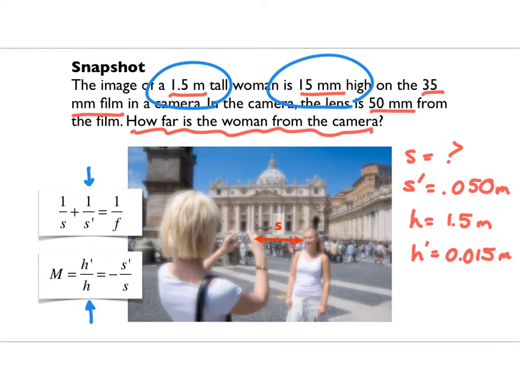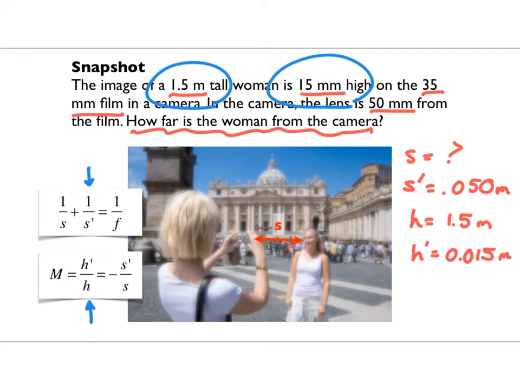Oh yeah, you should be pausing the video and thinking about that. Don't just wait for me to tell you, you little scamp, which relationship should we start with? And really, we've got this first one here, 1 over S plus 1 over S prime is equal to 1 over F. I'm not going to do that because I don't know the focal length of the lens, and I don't know S. So this one's not that useful, but check out the second one.